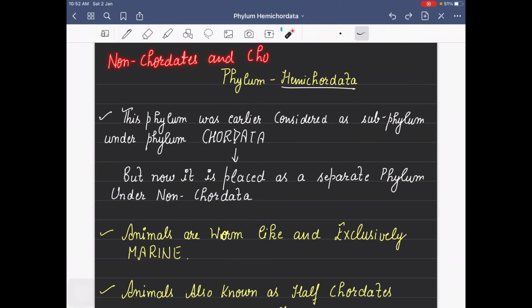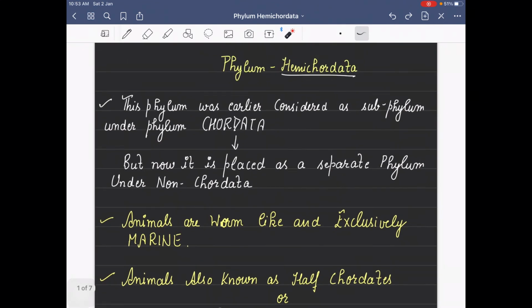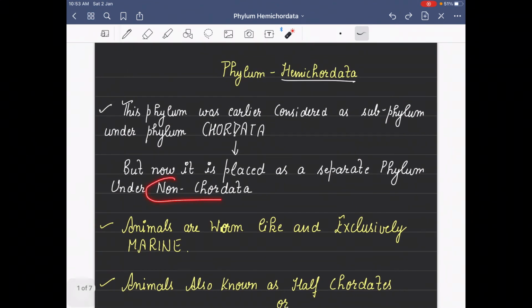So you can mark a few major differences between the chordates and hemichordates. This is Hemichordata, now under our phylum non-chordata.